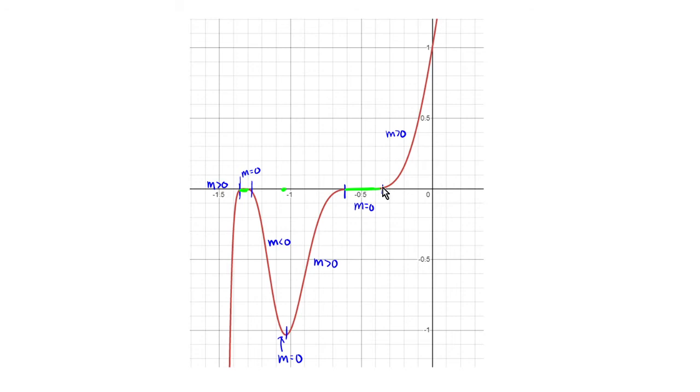Okay. Now if we go back and start working our way from the left to the right, on the left-hand side here, the slope is positive, which means that f prime of x is going to look something like this. To the right of this point right here, so between this point and the minimum here, the slope is negative.